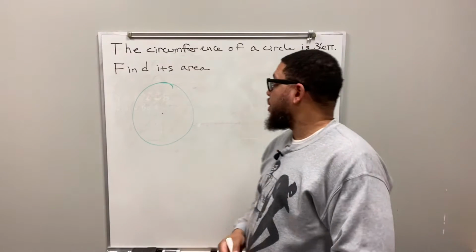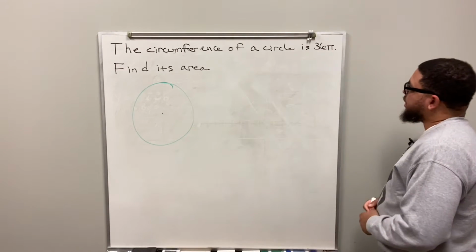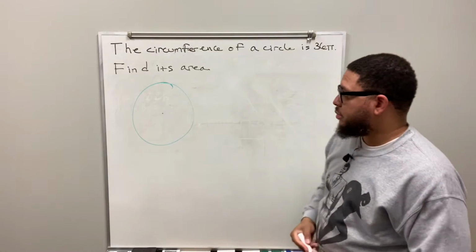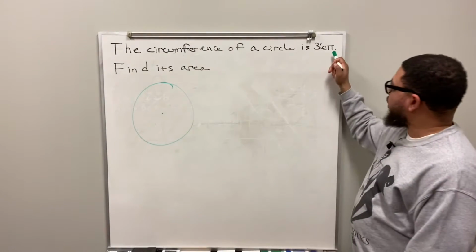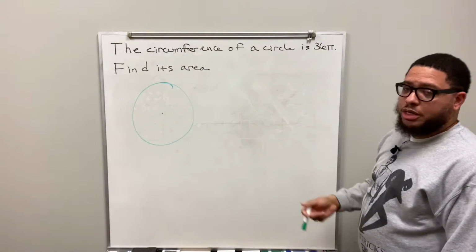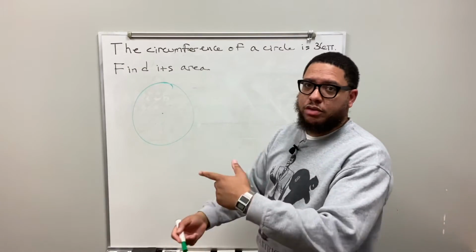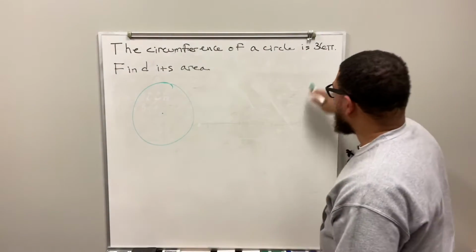All right. Now, we know what the circumference of the circle is. In this case, it is 36 pi. Now, this letter right here looks a little weird. It's called pi. It's represented by a number, 3.14, which actually goes on and on and on forever, a lot of decimal places, but we're just going to use pi.